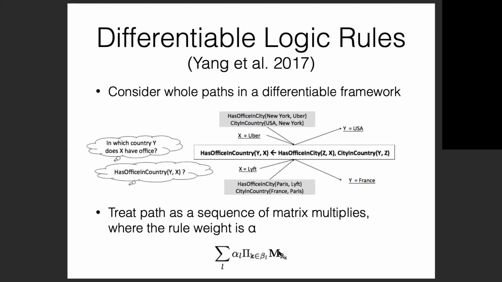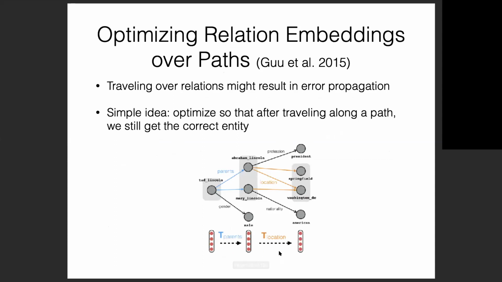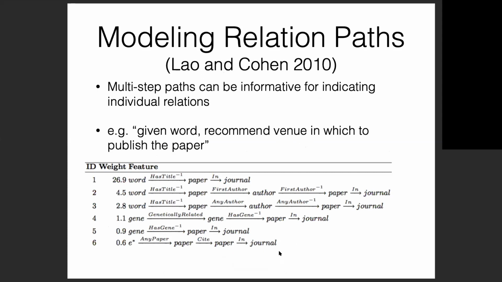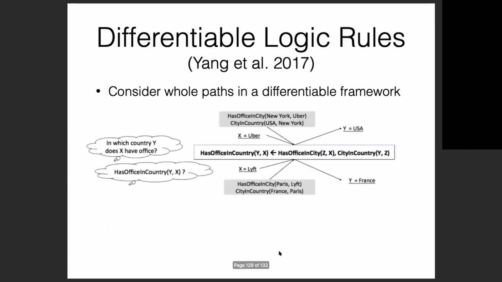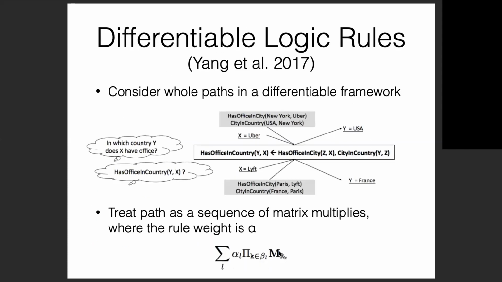But each of these logic rules, instead of being a fixed modification to the embedding, is given a particular weight for each of the rules that we apply. And because of this, it's kind of a combination of these two previous ideas. We have the optimizing relation embeddings over paths, and then we also have the modeling relation paths with weighted rules, essentially. And this method kind of gets both of those together in a single framework, which I think is interesting if you want to consider multi-hop reasoning along knowledge graphs.